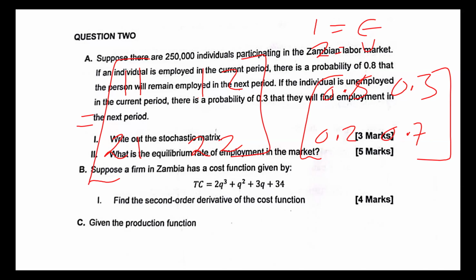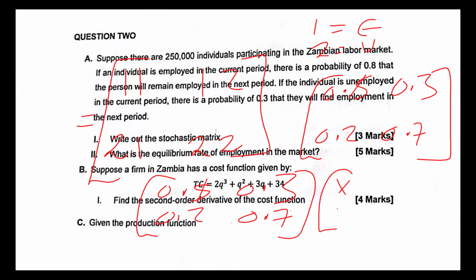Now, what is the equilibrium rate of employment in the market? How do you come up with the equilibrium rate of employment in the market? What did we say? You write this as the matrix 0.8, 0.3, 0.2, 0.7, times X equal to 0.